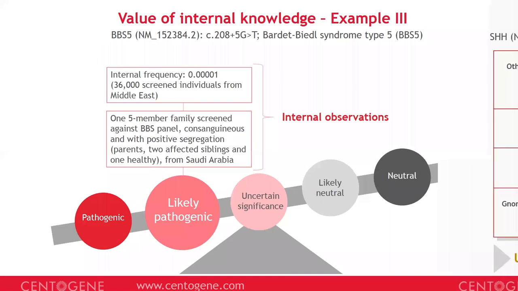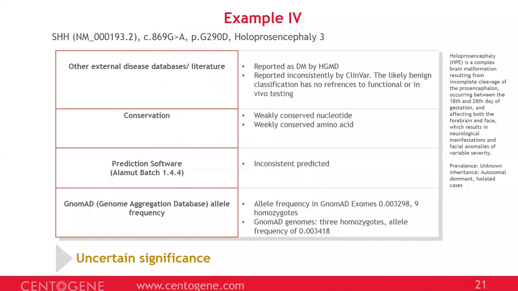My next example, my last example on this topic, is a missense variant identified in the gene SHH, Sonic hedgehog, at codon 290. It is a missense where a glycine is replaced by an aspartic acid.